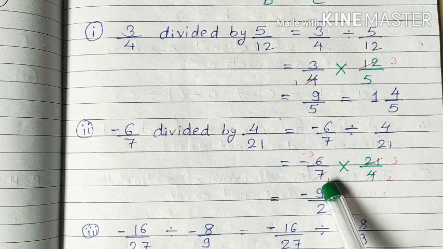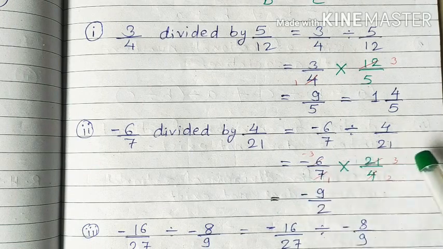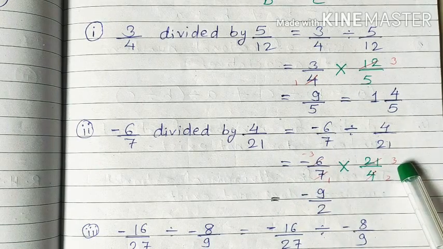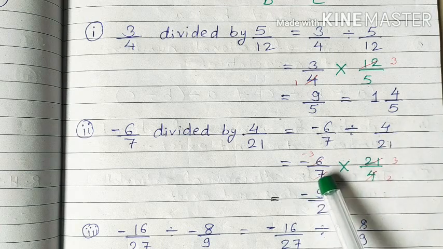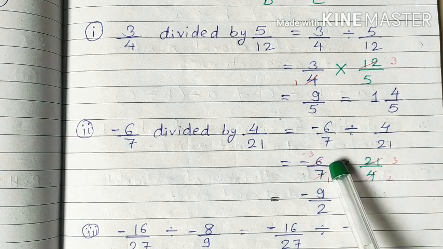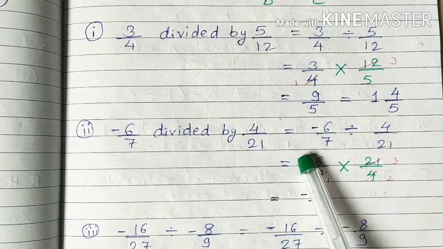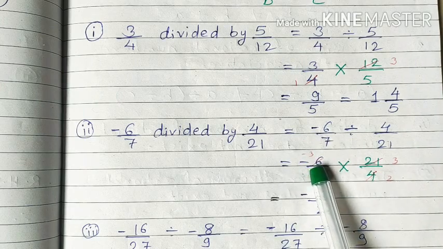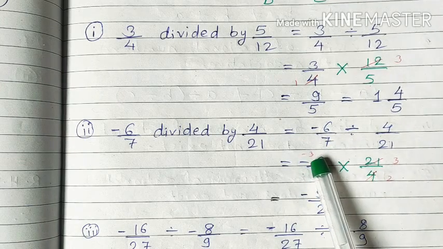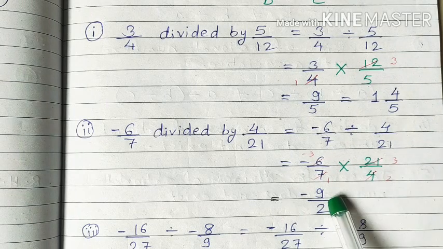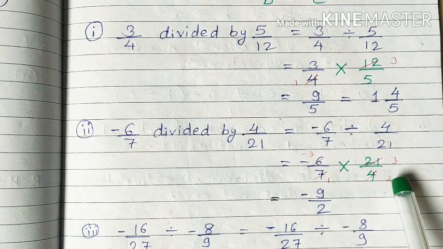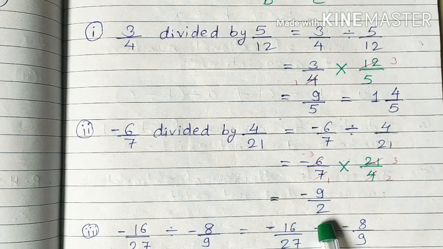Let us simplify this. 7 ones are 7, 7 threes are 21. Then here 2 twos are 4, 2 threes are 6. Since the minus sign is there, it becomes minus 3. Minus 3 multiplied by 3, it is minus 9, upon 1 multiplied by 2 is 2. Got it?